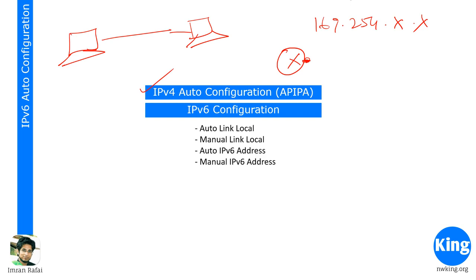So whenever you give an IP address to an interface in a router or any IPv6 enabled devices, let's say you're giving this IP address /64 to this interface, automatically it would create a link local address.